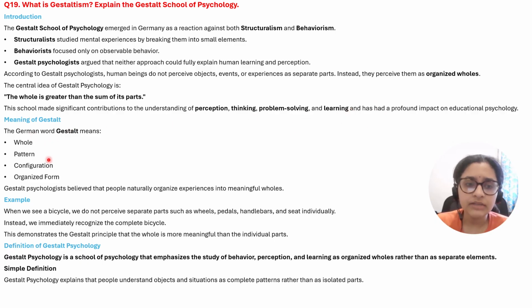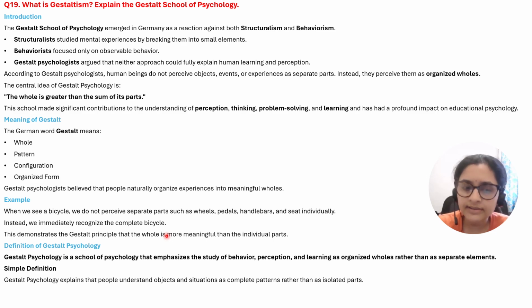What is the meaning? Gestalt means whole. It is a pattern. It is a configuration. It is an organized form. If I tell you an example, you will understand clearly. We see a bicycle. When we see a bicycle, we do not label it as wheels, pedals, handlebars, seat individually.